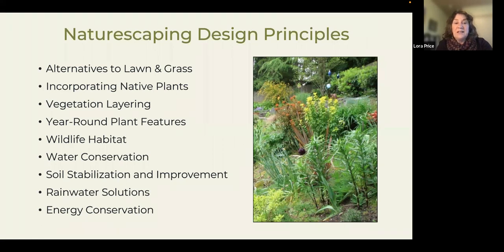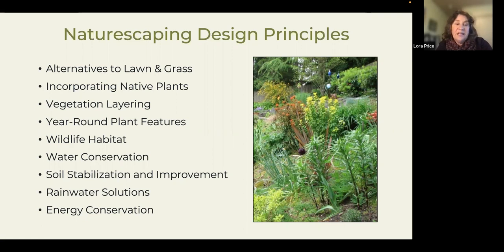So that's a huge opportunity for habitat if we replace our lawn with something else. And namely, we're recommending replacing with native plants, and I'll get into that in a little bit, why they're so beneficial.